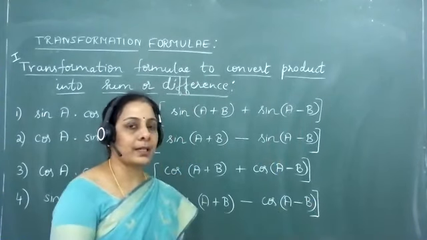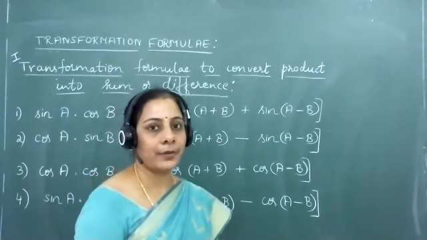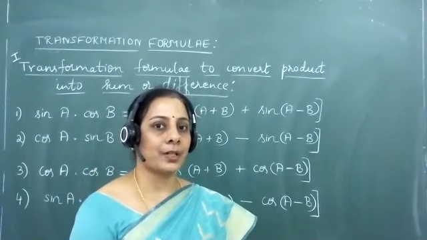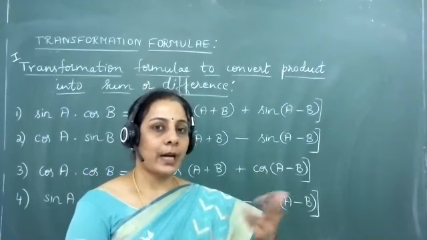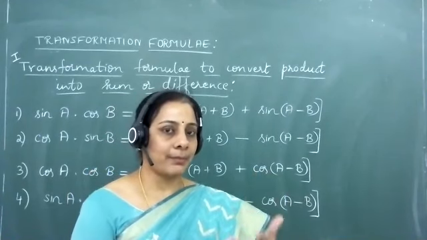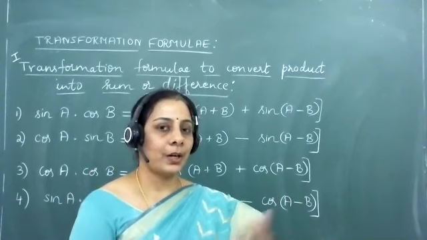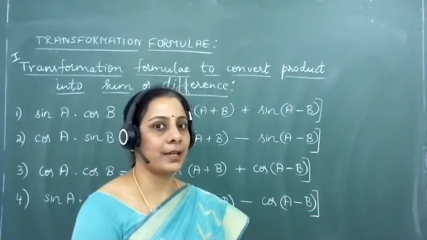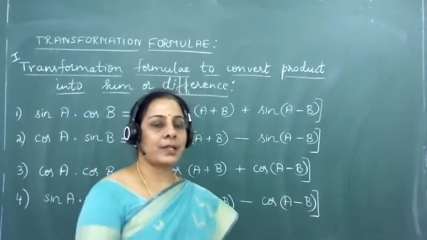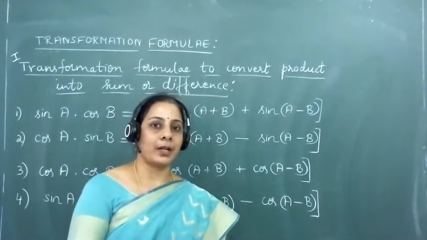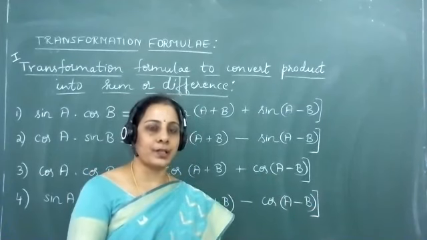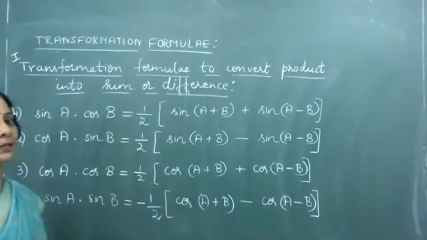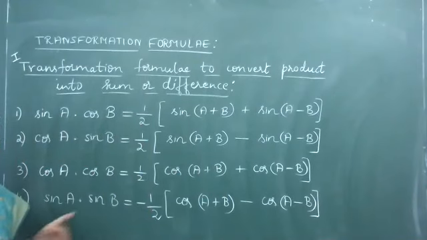So, we will be using compound angle formulae: sin of A plus B, sin of A minus B, cos of A plus B and cos of A minus B. You add or subtract sin of A plus B and sin of A minus B. Likewise, you add and subtract the other two, cos A plus B and cos A minus B, which is going to give us the following set of transformation formulae.